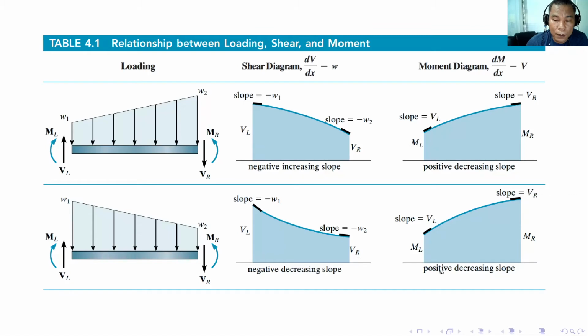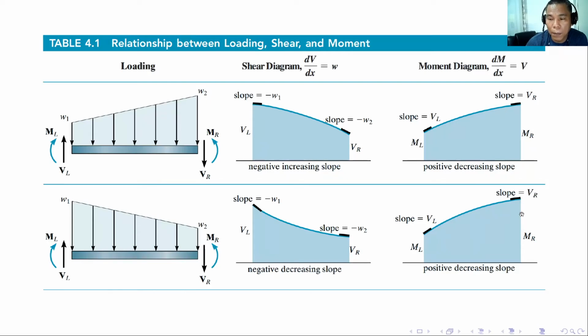And then for the moment diagram, we have ML, it goes up, and then the slope should be equivalent to VL. But take note, the value of the shear here is decreasing, so we should have a decreasing slope for the moment. And then at the right hand side, we have the slope, which is equivalent to the shear here, VR.